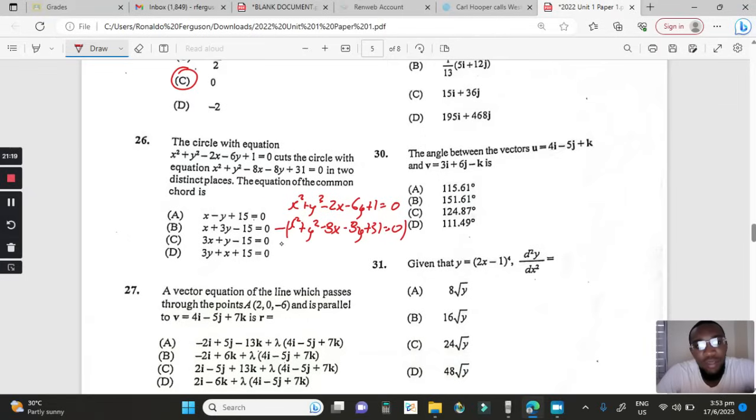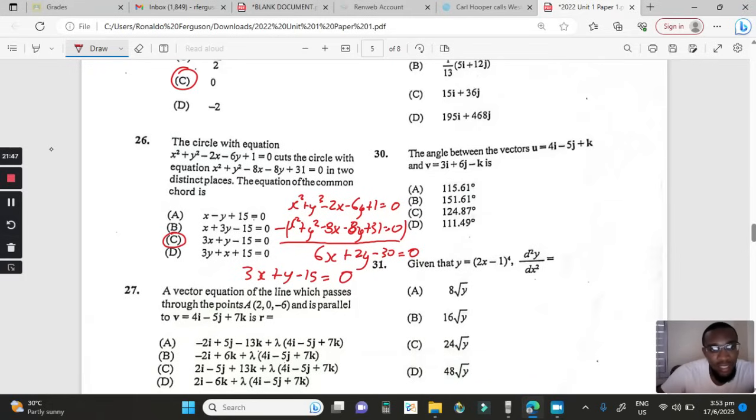Then we subtract them. x squared is gone. Minus and minus become plus 6x, minus 6y minus 8y becomes plus 2y, and 1 minus 31 is minus 30 equals 0. Divide through by 2, that's 3x plus y minus 15 equals 0. That's it.